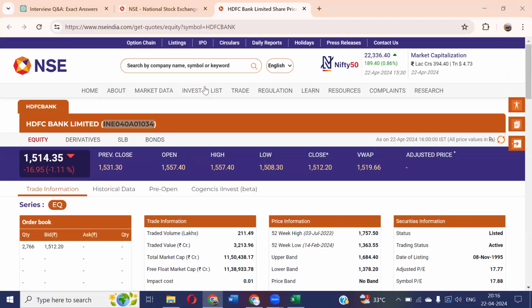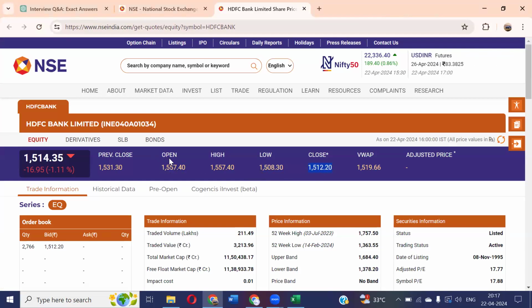So you can get a profit or loss, anything. What is your understanding of this? Can I make a profit or loss? The security price opened at 1557 but closed at 1512. The lowest price is 1508 and it closed at 1512.